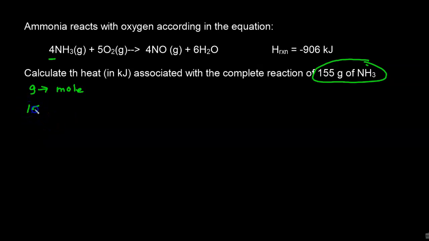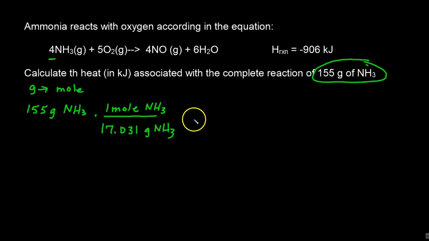So we have 155 grams of ammonia. We need to do a gram to mole conversion, so 1 mole of ammonia, and we'll need to calculate that value out or look it up, whichever the case may be. And so we get 17.031 grams of ammonia for every 1 mole.